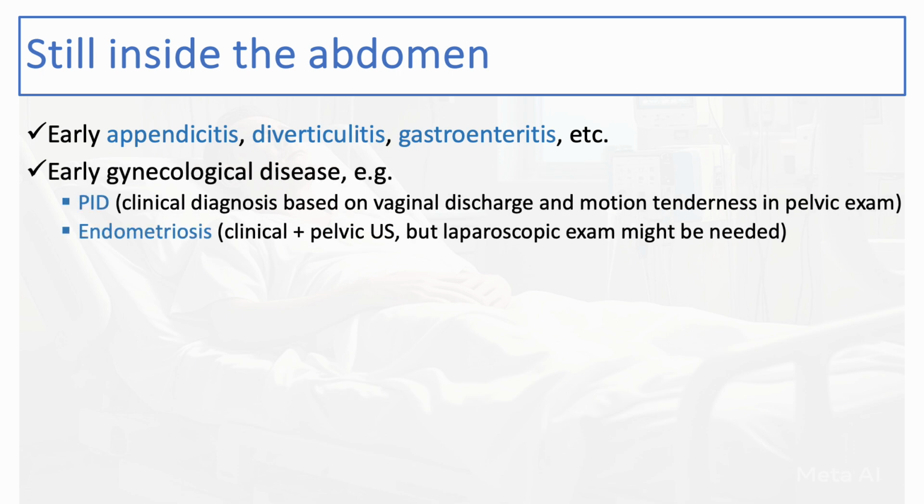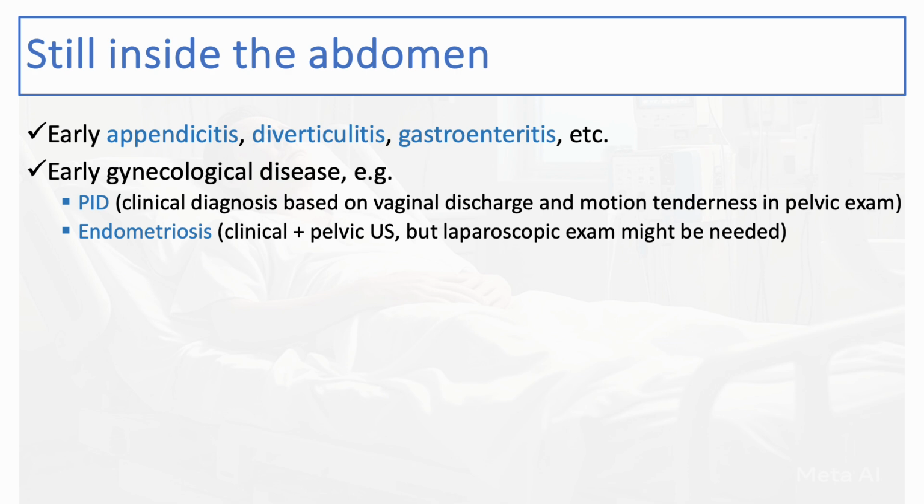Early gynecological disease, sometimes this could be challenging, especially in females. For example, pelvic inflammatory disease (PID), which is largely a clinical diagnosis. It's based on symptoms and signs such as vaginal discharge and cervical motion tenderness in pelvic exam. And also endometriosis, which is also based on clinical suspicion.